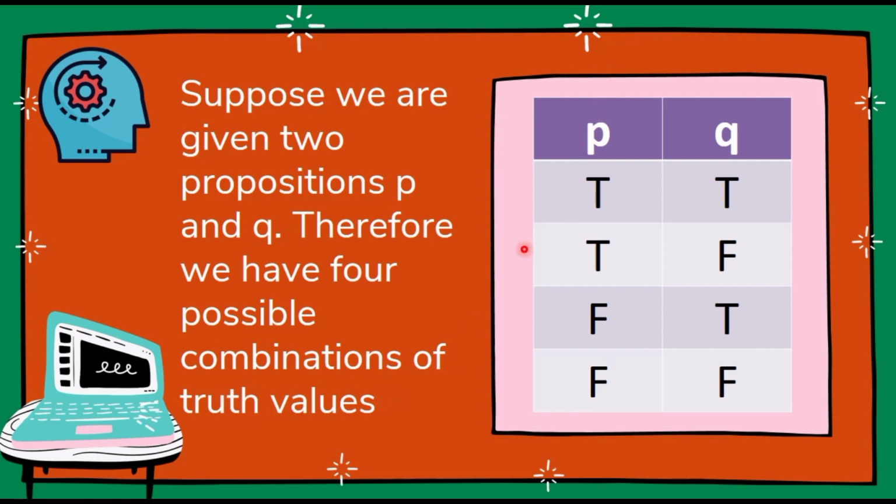As you can see, this is the standard truth table for proposition P and proposition Q. For proposition P, it is true, true, false, false. And for proposition Q, it is true, false, true, false. Let us remember that it is standard and we will use it all throughout our discussion. So, please remember this truth table.